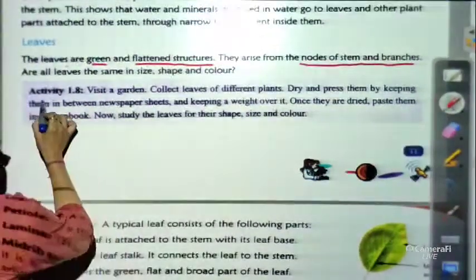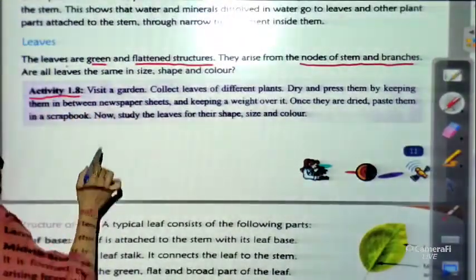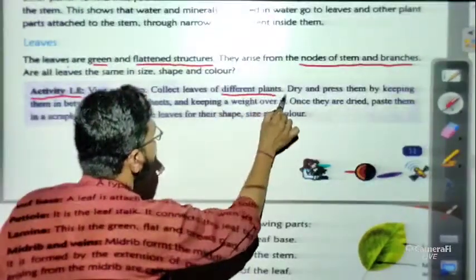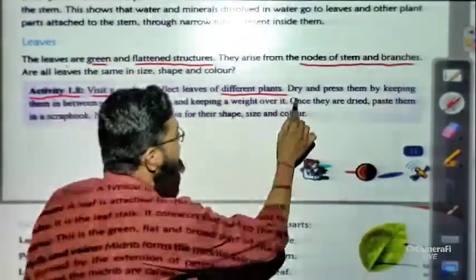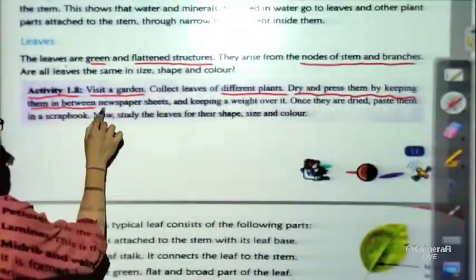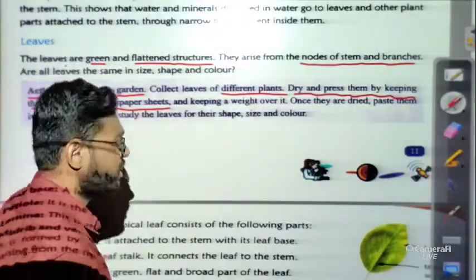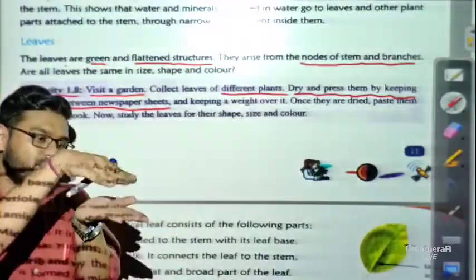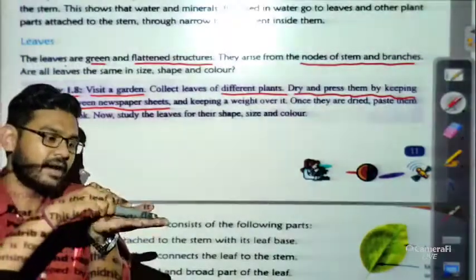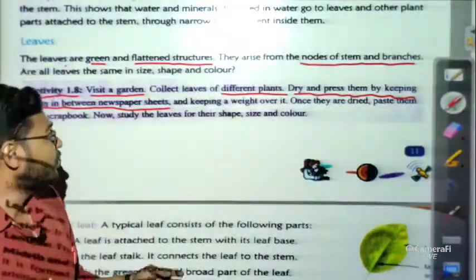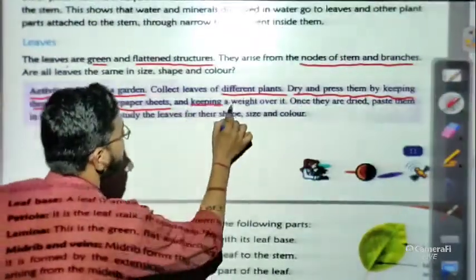So there is an activity. If you visit a garden and collect some different plants, you dry and press them by keeping them between newspaper sheets. If this is the leaf, I just place it like this between two newspaper sheets, and keep a weight over it.